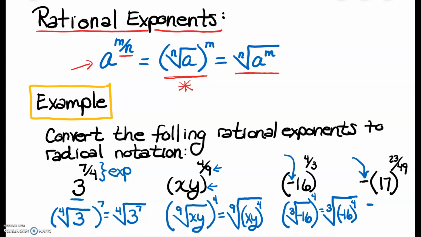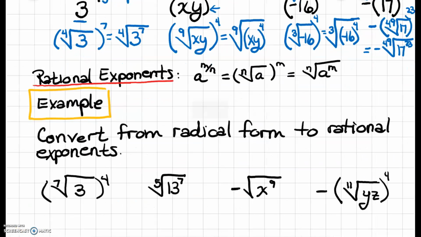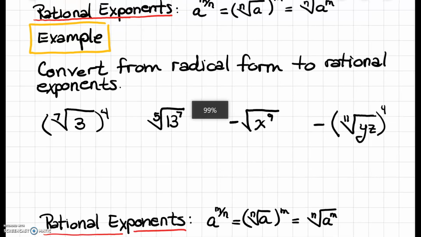So this is going to be negative for our first form, the 49th root of 17, all raised to the 23rd power on the outside of our parentheses, which equals the negative 49th root of 17 to the 23rd power, all under our radical.